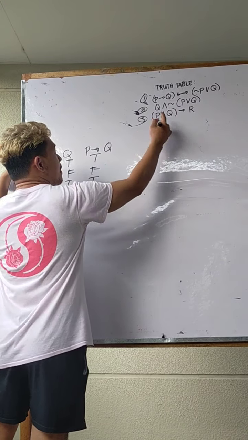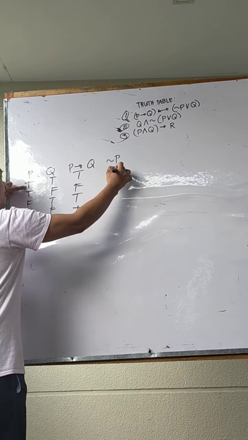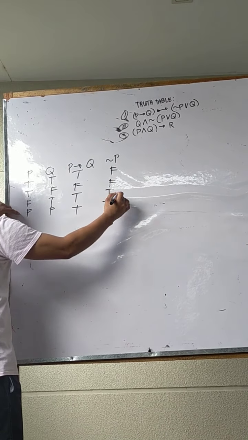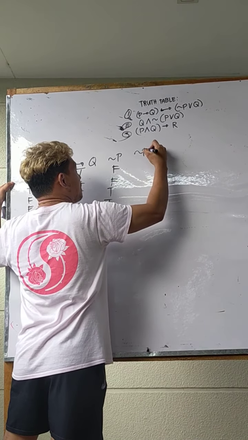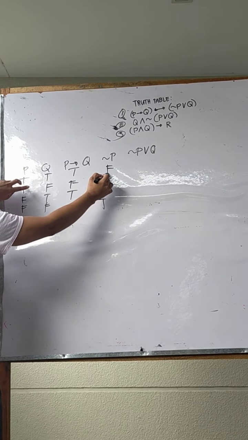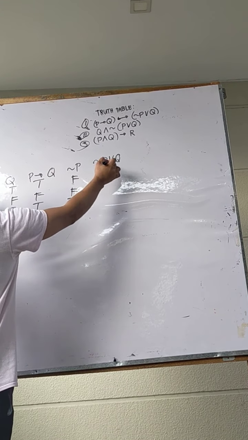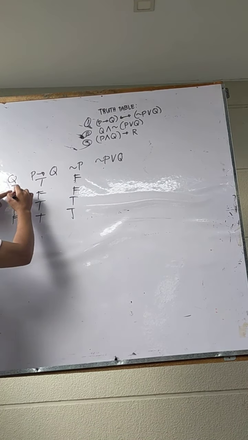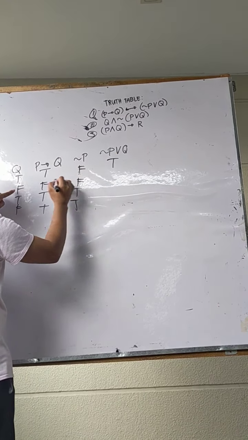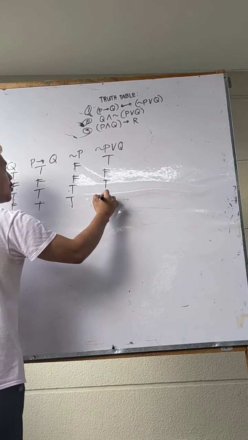Our not P is false, false, true, and true. Then not P or Q gives us true, false, true, and true.